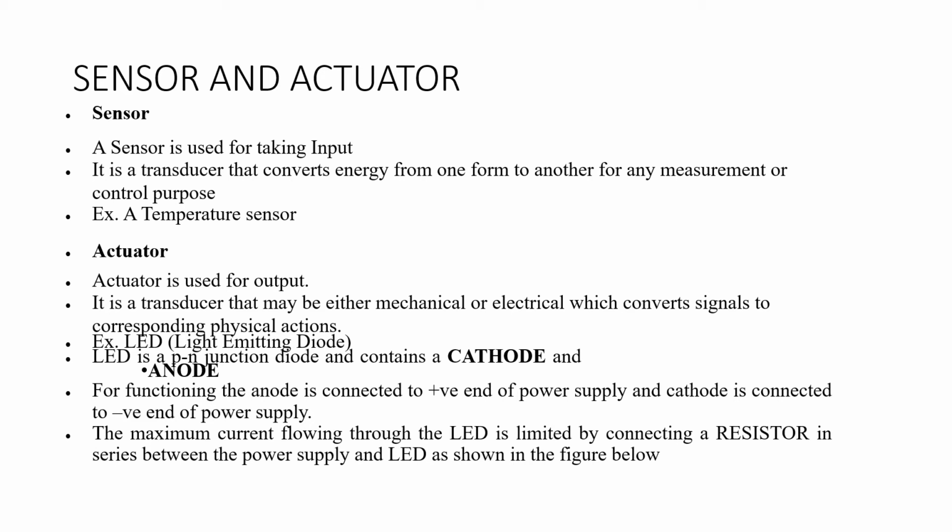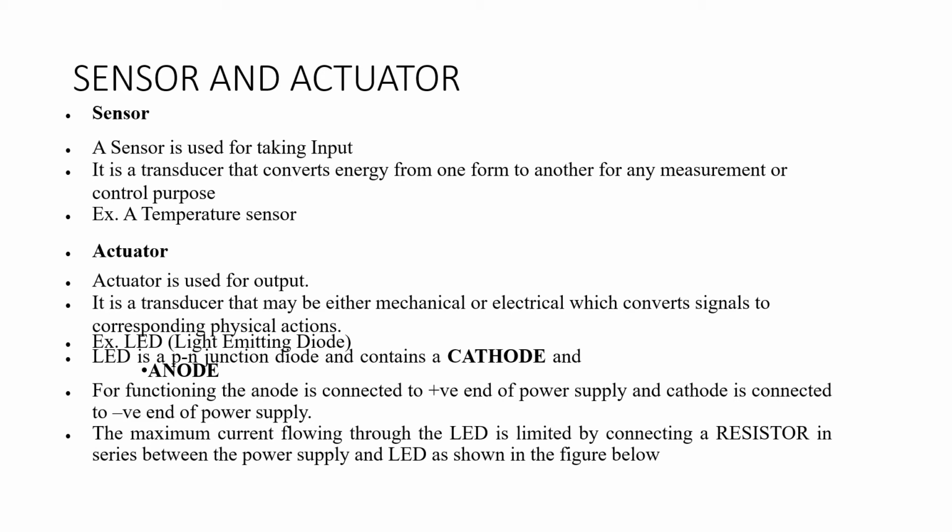Next is attenuators. So attenuators we are using for output. What does an attenuator do? It will convert mechanical or electrical energy into signals, or it may do any physical action. Example, LED, light emitting diode. So we will have a diode. What we will do?